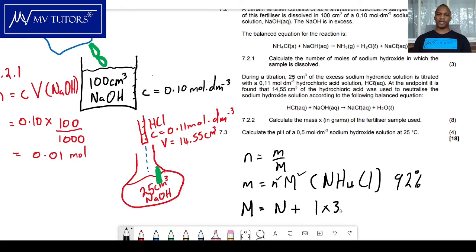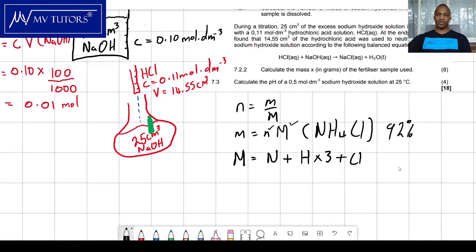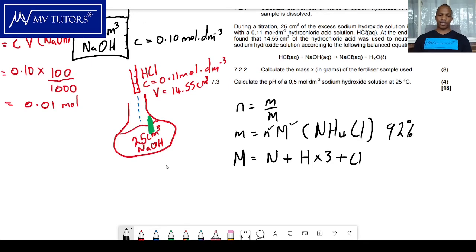Okay, now if you check your periodic table, you will find that N has a value of about 14, H has a value of 1, times 4.